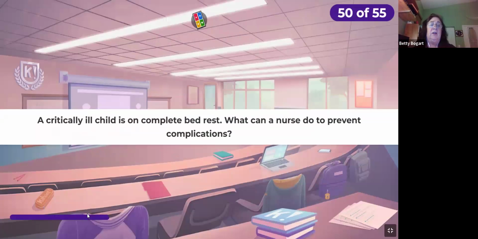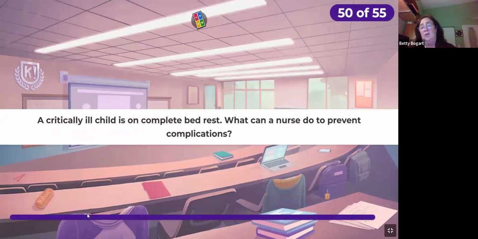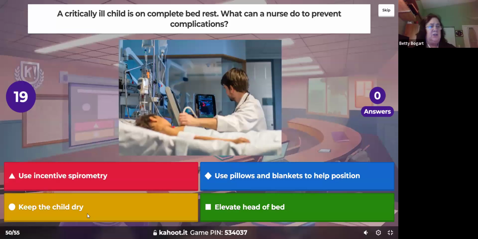A critically ill child is on complete bed rest. What can a nurse do to prevent complications? I think a lot of this is even adults, children, it doesn't matter.